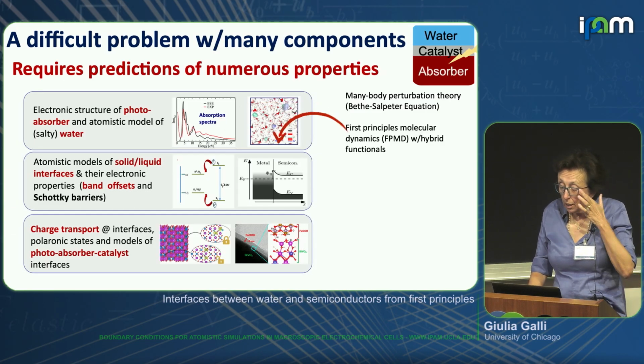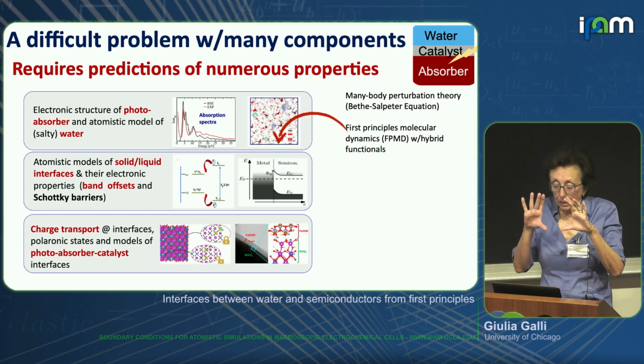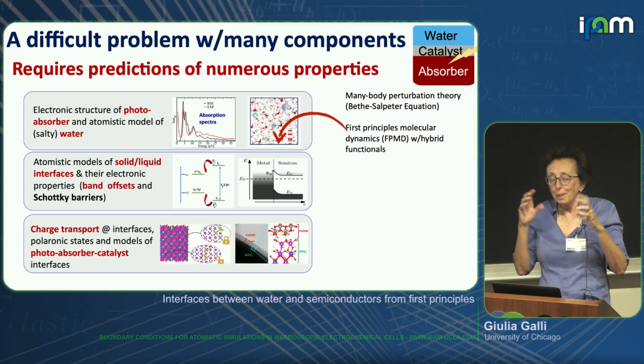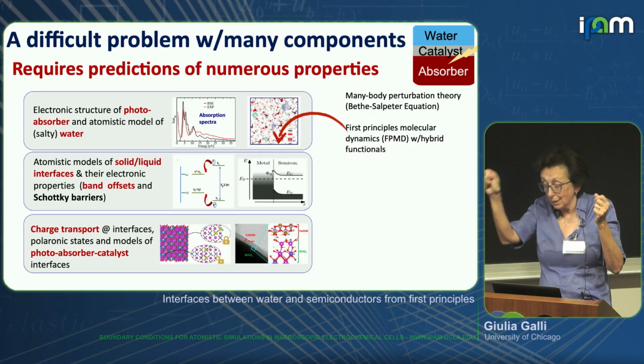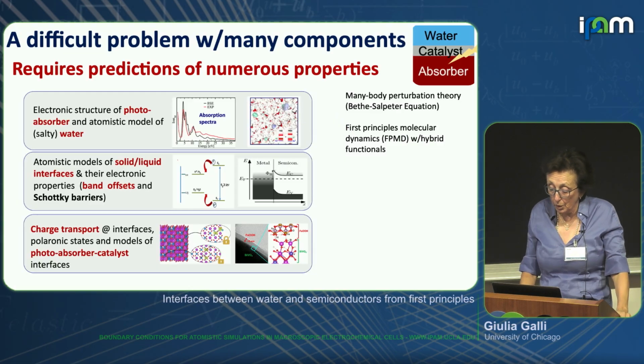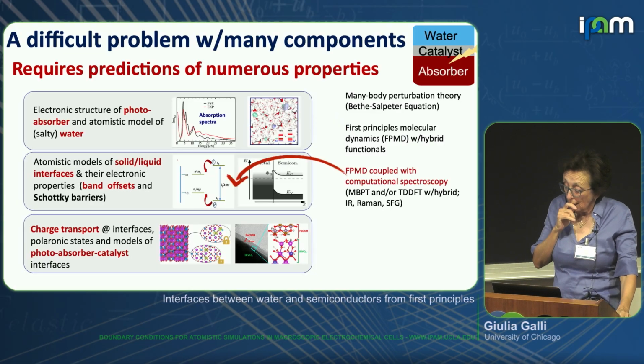And for water, especially if there are ions, you need to use hybrid functionals. Then it's very important to understand band offsets, to understand whether the charges go where you want them to go.